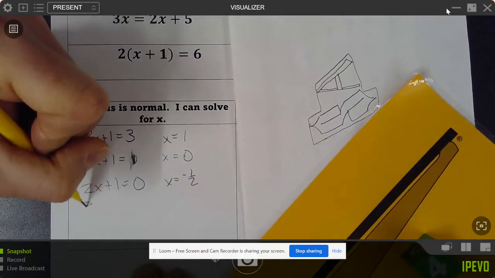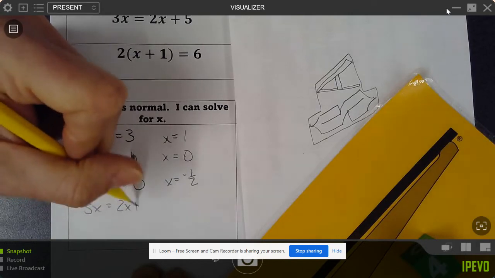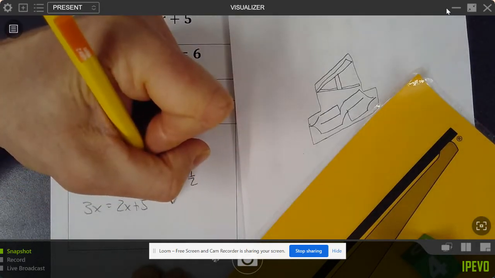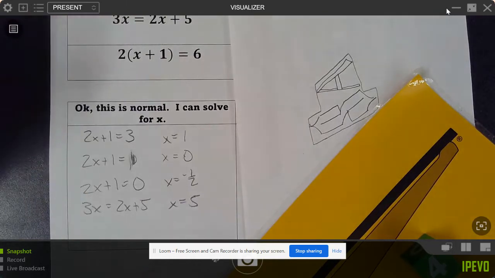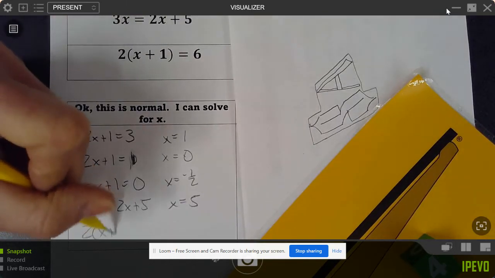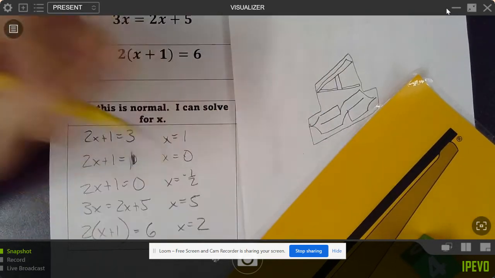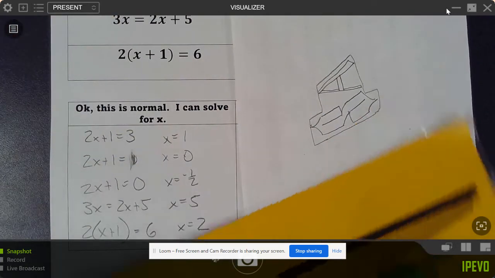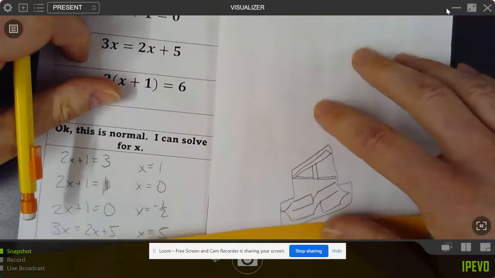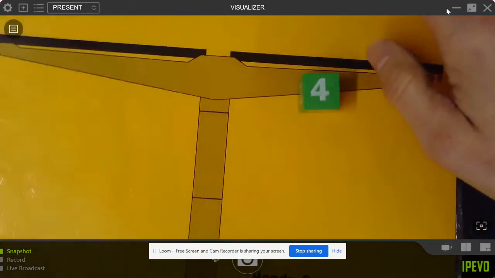We solved 3x equals 2x plus 5, and we got x equals 5. We did this one, 2 times the quantity x plus 1 equals 6, and we said x is 2. So now, let's look at what happens with an equation that looks like this.